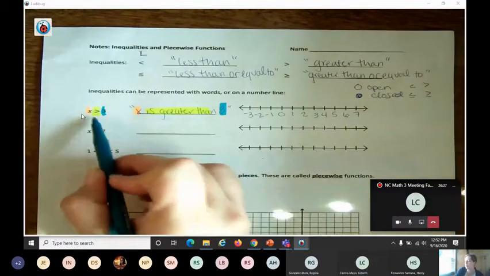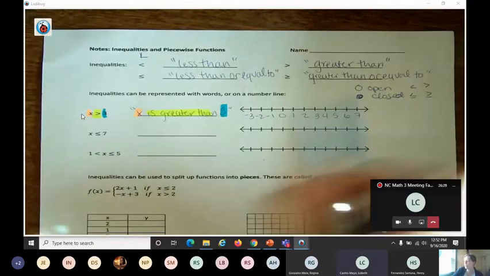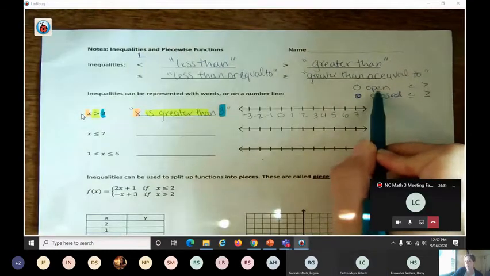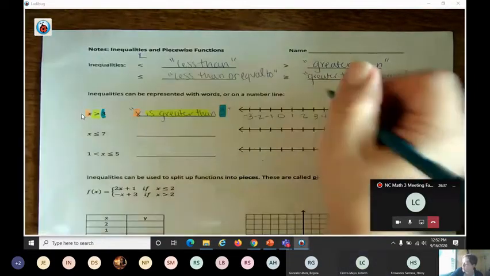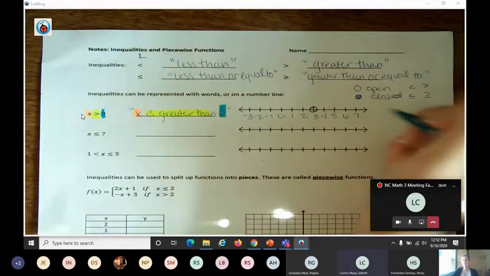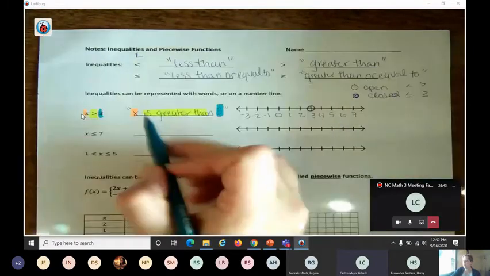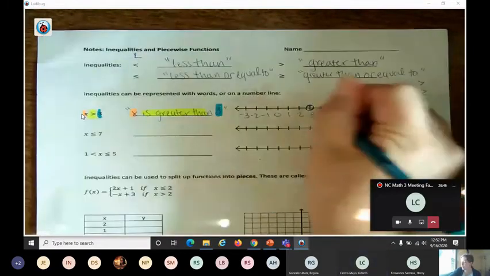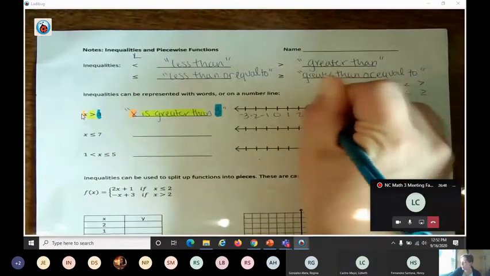So since we have greater than here, we should use the open one. So I'm going to put an open circle at 3. It's saying that our values should be greater than, so we're going to put our arrow facing to the right. Thank you, Elizabeth.